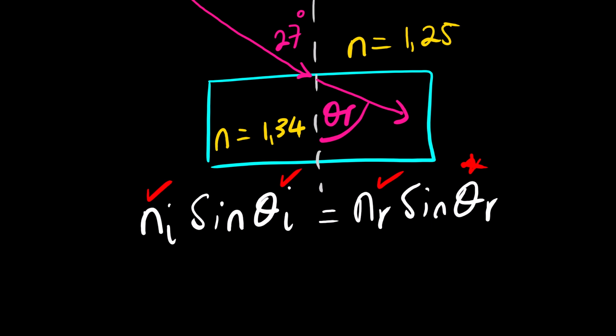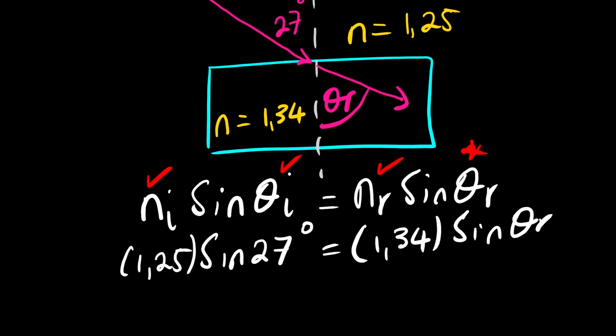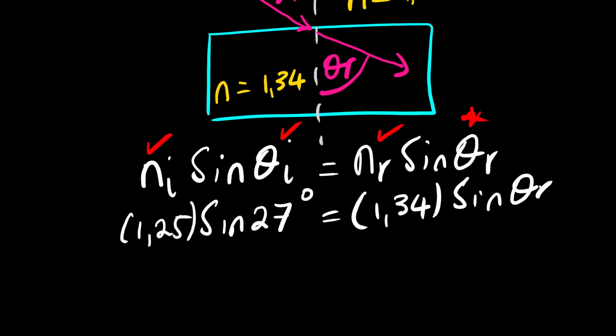The refractive index of the incidence is 1.25. We have 1.25 sine 27 degrees equals the refractive index of the refracted, which is 1.34, sine theta R. Then we can work out the angle.